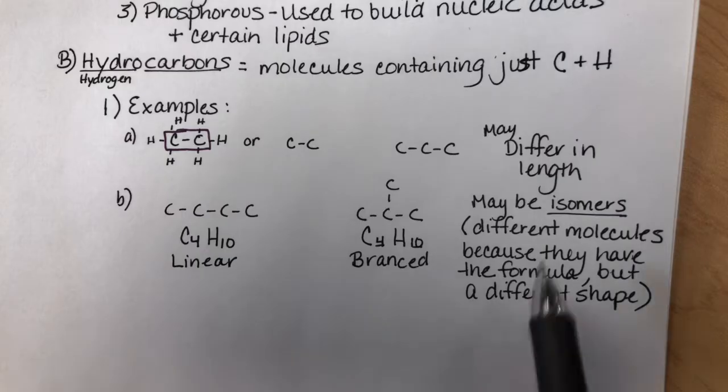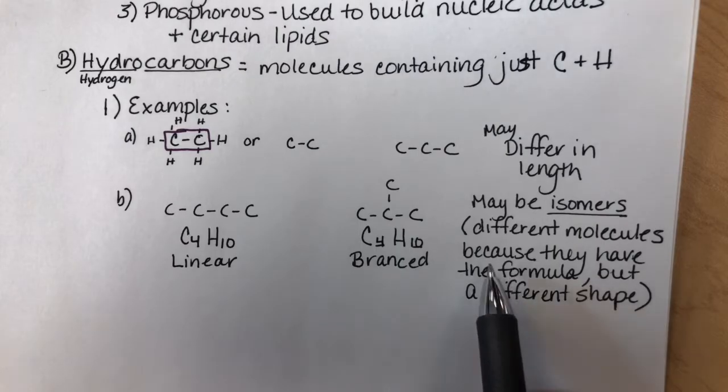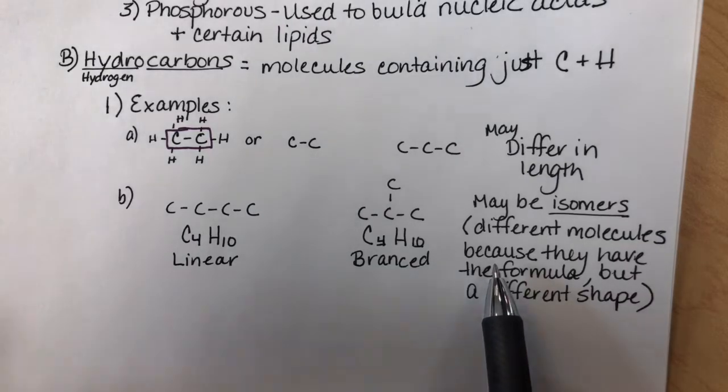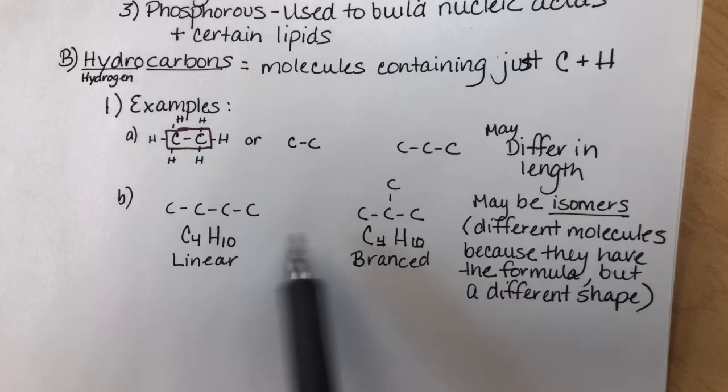I want to give you an example of an isomer. Back in the 50s and the 60s, there was a medication called Thalidomide, and it was given to pregnant women. It was supposed to decrease morning sickness. But they found that the mixture actually contained 2 isomers of one another.